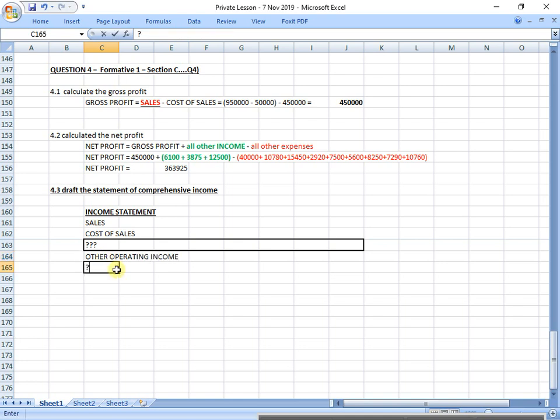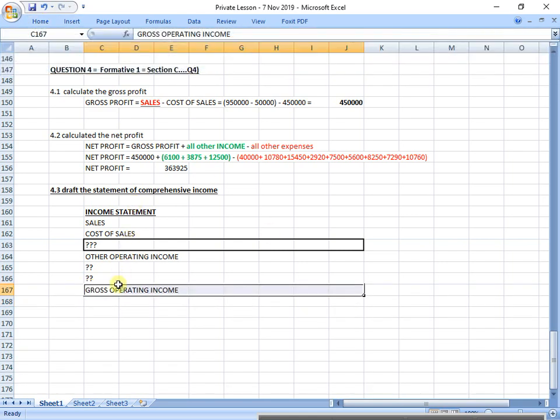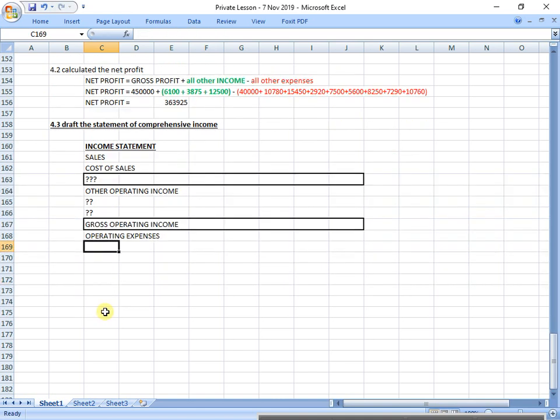Then they gave you operating expenses. How many lines? 1, 2, 3, 4, 5, 6, 7, 8.